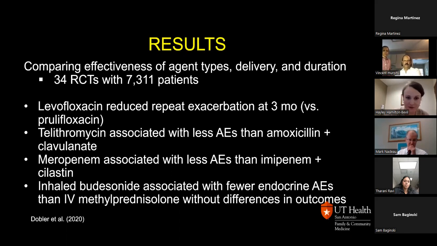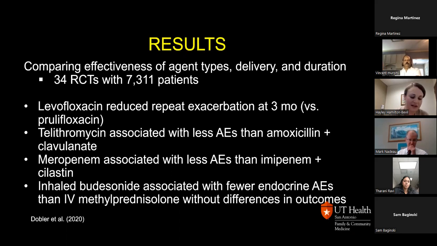These are all individual studies as well. So that was one RCT. Another one is that telithromycin was associated with less adverse effects than augmentin or amoxicillin clavulanic acid. Meropenem was associated with less adverse events than imipenem plus celastin, and that was done in inpatient patients.